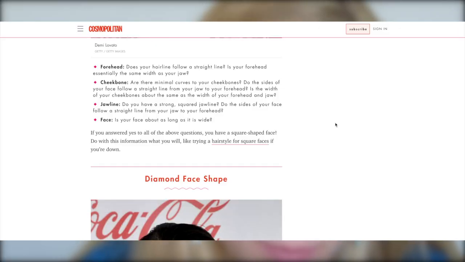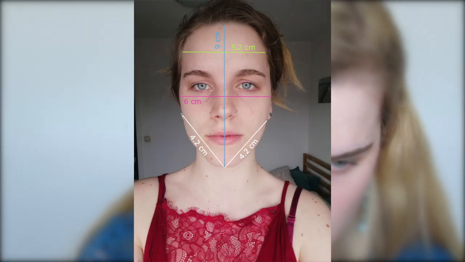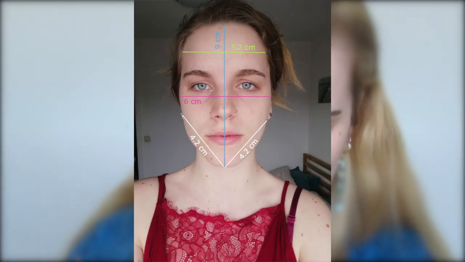From here till here? I'm not sure. Is that straight? I don't know. Is the width of your cheekbones about the same as the width of your forehead and jaw? So the width of my cheekbones, that's 6 centimeters. My forehead was 5.2 centimeters, so that's a no. So we have to go on.